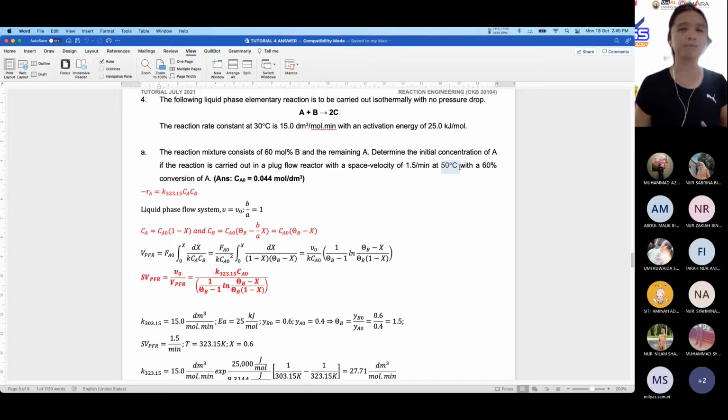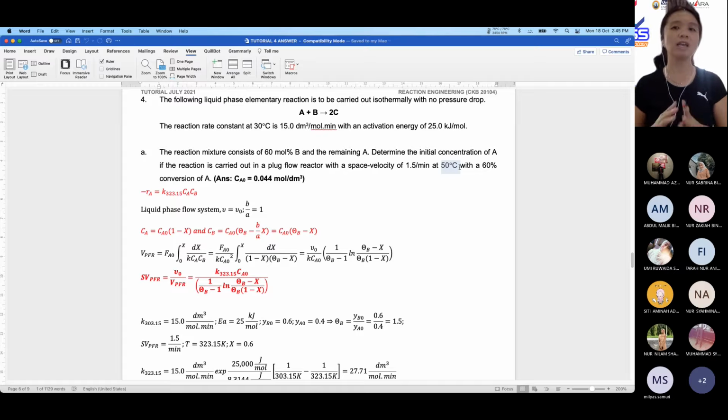Okay, so you must understand also, in our design equation, which part is influenced by temperature. Okay, so the only part that will be influenced by temperature is k. It means if your equation has k, you must make sure that k is at 50 Celsius.